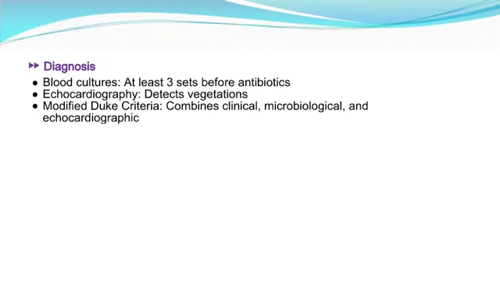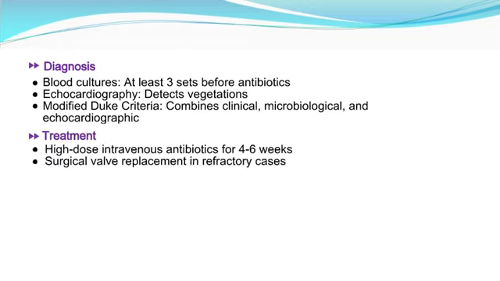Diagnosis involves at least 3 blood cultures before starting antibiotics, plus echocardiography to detect vegetations. Diagnosis is based on the modified Duke criteria, which combines clinical, microbiological, and imaging findings. Treatment involves prolonged intravenous antibiotics, usually for 4 to 6 weeks.